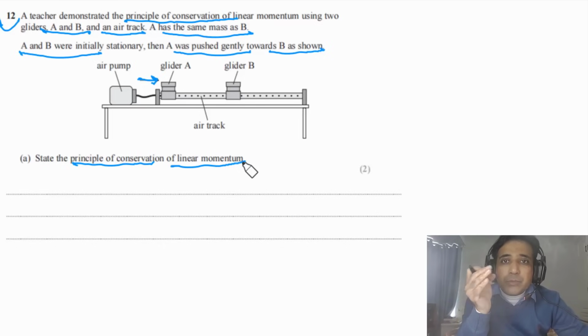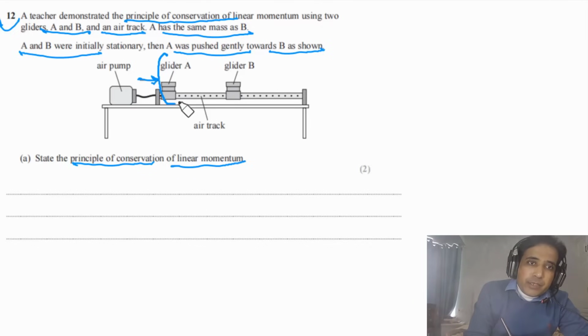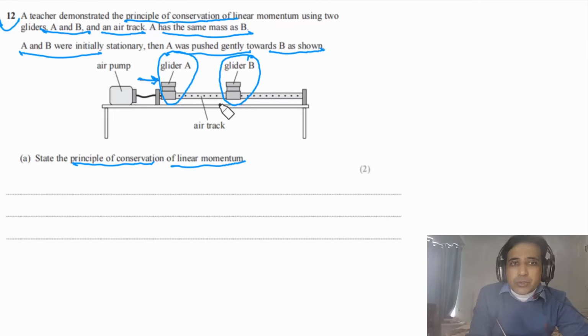So for the principle of conservation of momentum, we always need to define a system. In this case, our system consists of glider A and glider B, and there is no friction between gliders and air track.